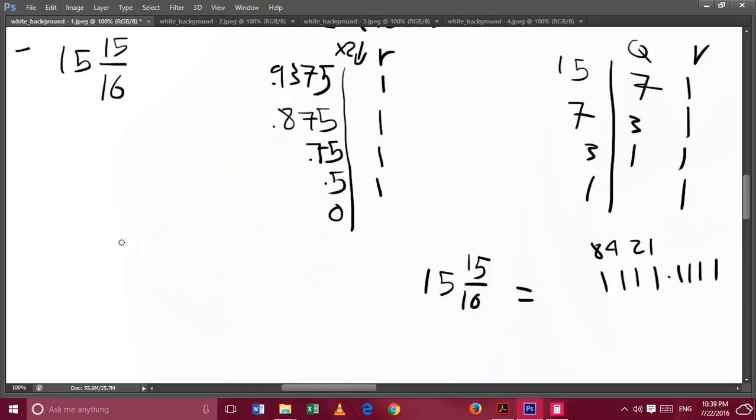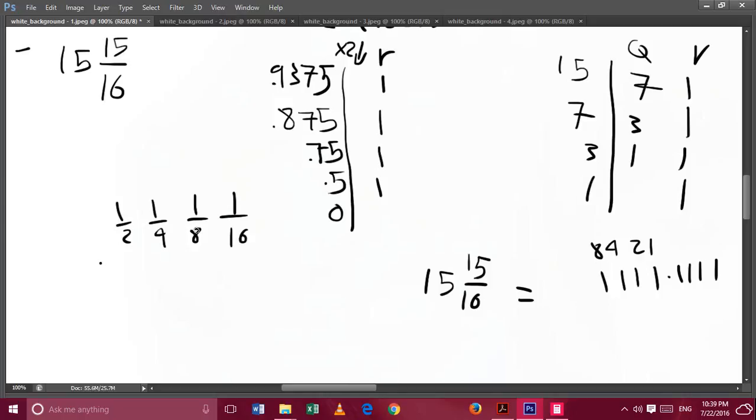If I say this is the radix point and this is half, this is 1/4, this is 1 over 8, and this is 1 over 16.